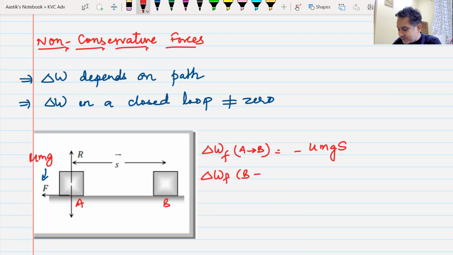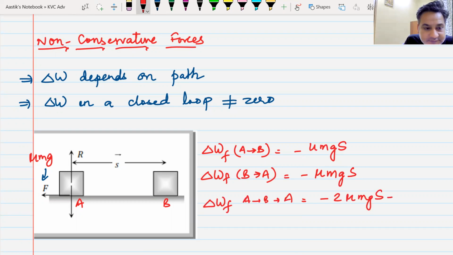When I bring it back from B to A, the frictional force will again act in the backward direction, opposite to the motion, so the work done by friction will still be minus mu mgs. The total work done by friction from A to B to A is not 0, it is minus 2 mu mgs.